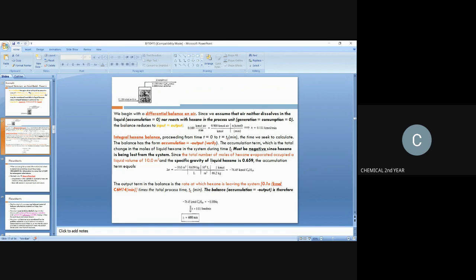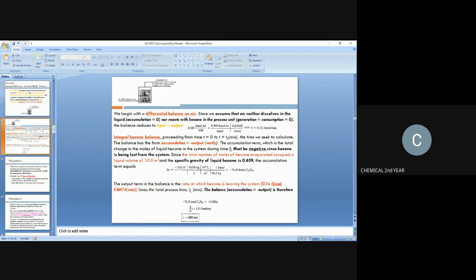The accumulation term, which is the total change in the moles of liquid hexane in the system during the time t final, must be negative, since hexane is being lost from the system. The total number of moles of hexane evaporated occupied a liquid volume of 10.0 cubic meters, and the specific gravity of liquid hexane is 0.659.